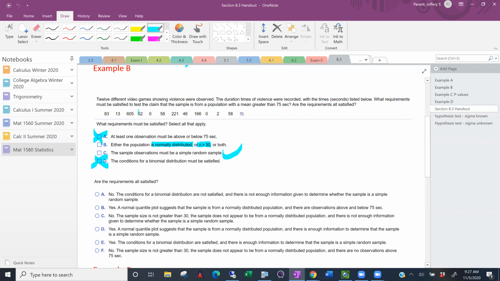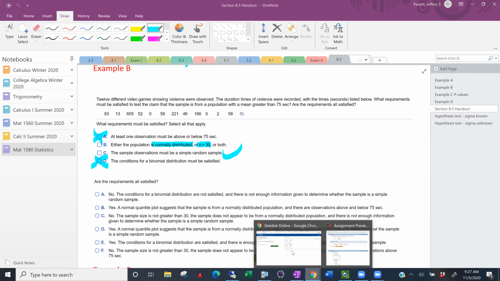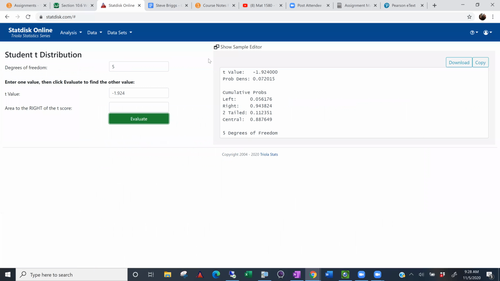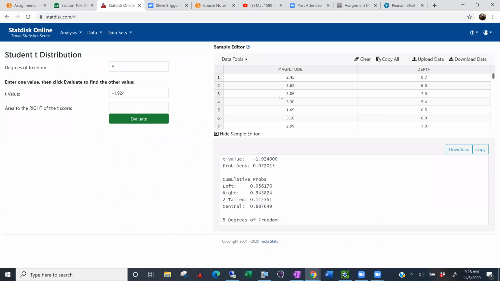So I'll tell you what, somebody read those for me while I put them into StatDisk, and then once I get them into StatDisk, I'll share the data with you all through the chat.